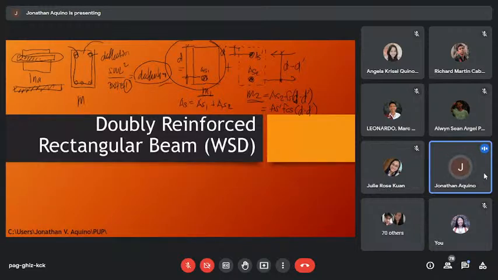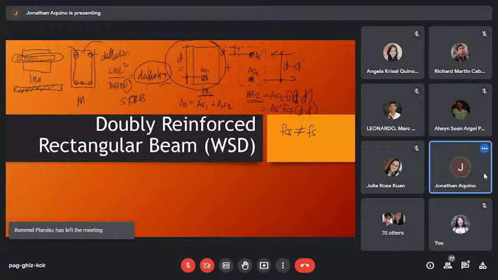Okay? But for this one, ito lang yung formula natin dun sa single reinforced rectangular beam. Okay? But there are cases that FCS is not equal to Fs.